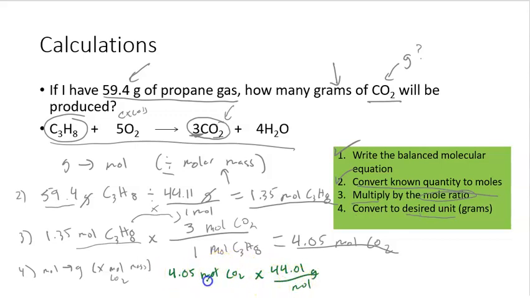We're dividing by like a unit there. And then if I go 4.05 times 44.01, I should get 178 grams CO2, right? I didn't add any of the decimals because I am limited to 3 sig figs. So 178 has all 3.